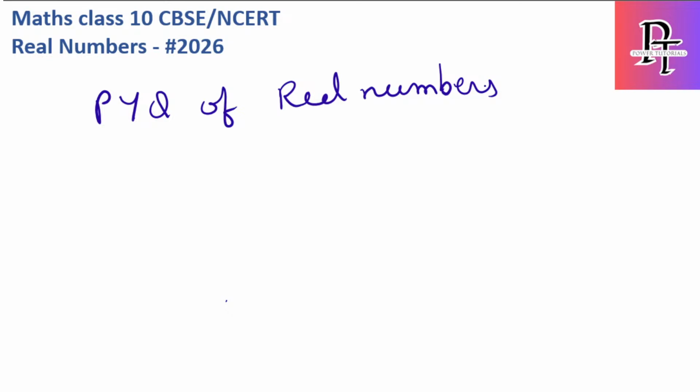Basics should be strong, and using that you should be able to solve those questions. So for practice, I will keep another session on real numbers where I will discuss only previous year questions, from the 2024, 25 or 23 papers. I will check what are the questions of real numbers, and at least I'll try to get 10 to 15 previous year questions, and we'll discuss them in the next video.